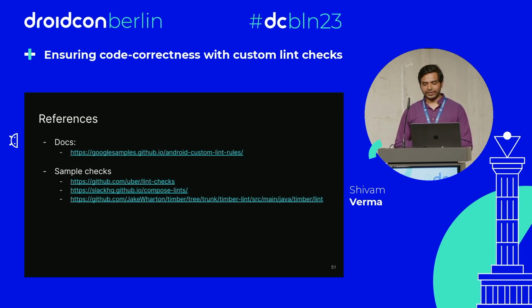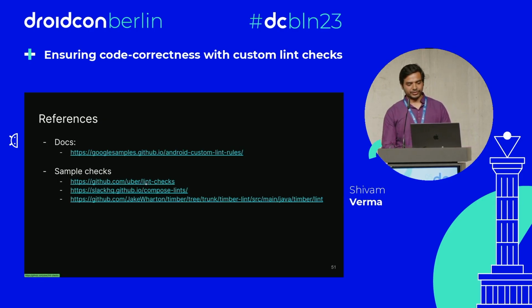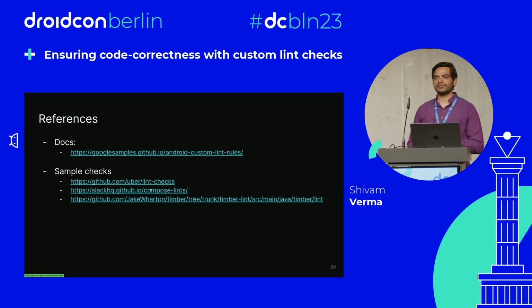Along with the custom lint rules, you can also see a bunch of lint checks that are already written by the community. In our case, we have some from Uber. We also have some from Slack. These are also specific to Compose.